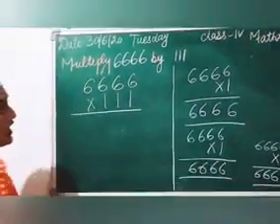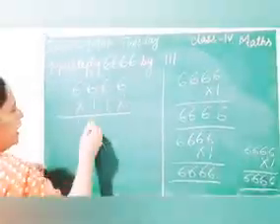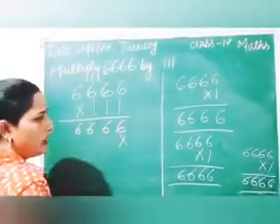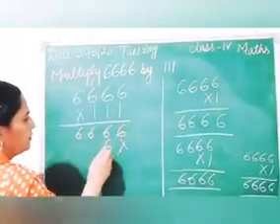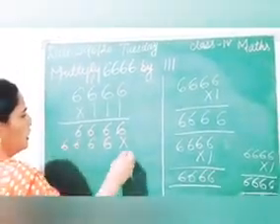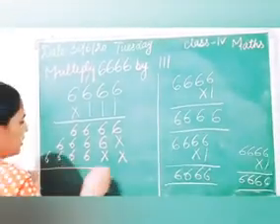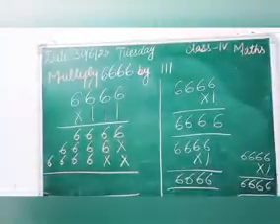Now see the writing style. Firstly, we will write the first product; with 1 cross, we will write the second product; and with 2 crosses we will write the third product. And now these 3 will be added.